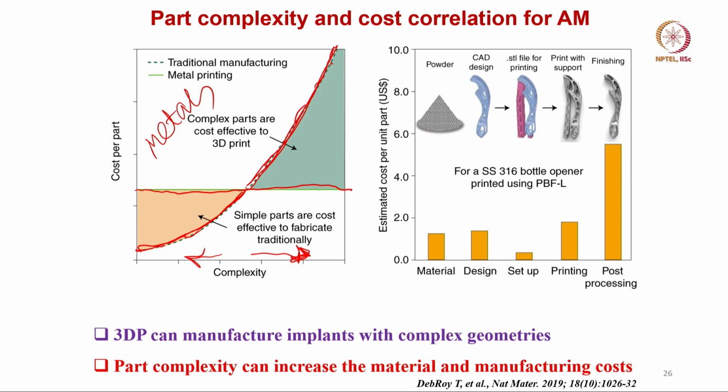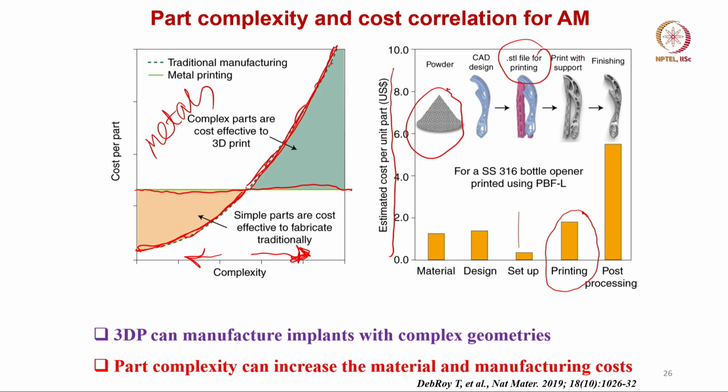Now, here if you look at the estimated cost per unit part, this is in US dollars. If you look at the powders, because it starts with the powders, the material cost is much lower. Printing cost also is similar to that of the powder, and the CAD design, STL file for printing, that setup cost is much less.